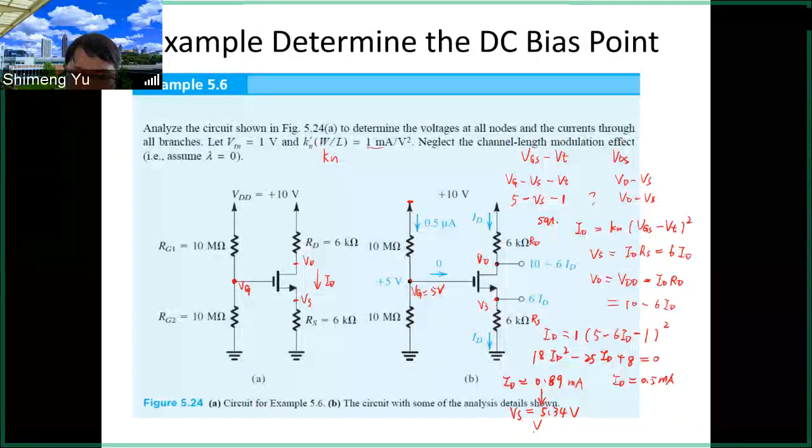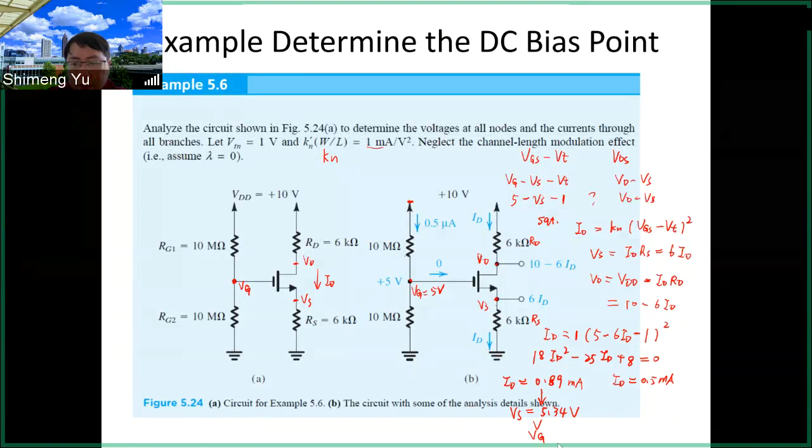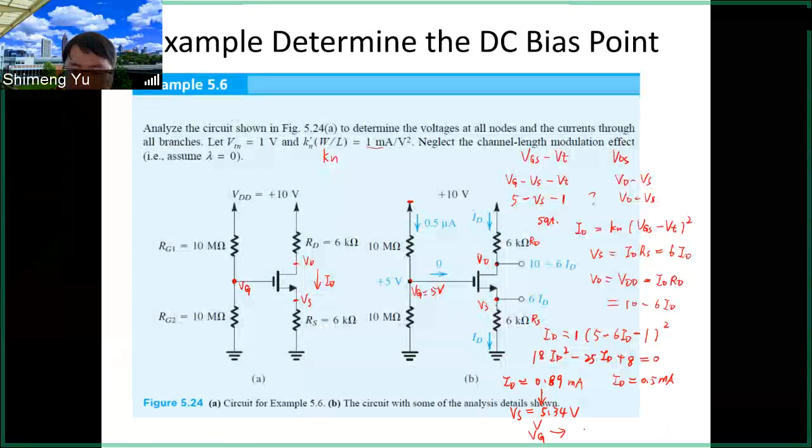So your Vs is larger than Vg. That means the transistor is in the cutoff. Your VGS is negative, so you cannot turn on the transistor. So this is not true, because you assumed the transistor in the saturation, but if you verify, it's actually in the cutoff. So this assumption is not good, and this solution should be discarded.